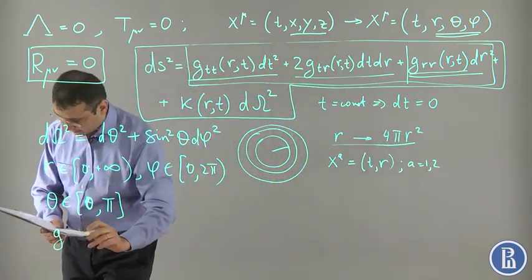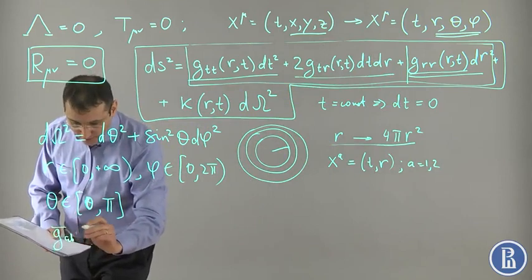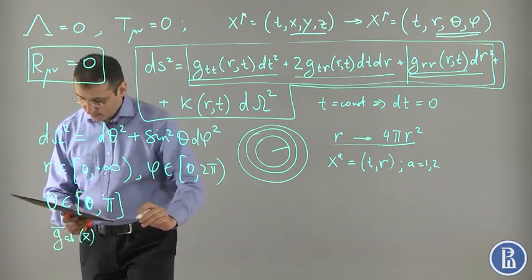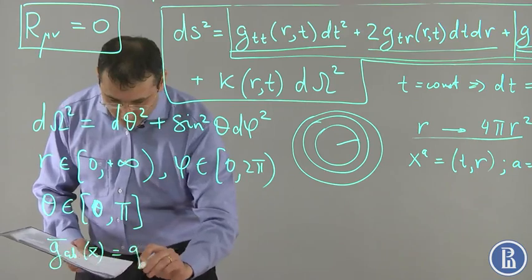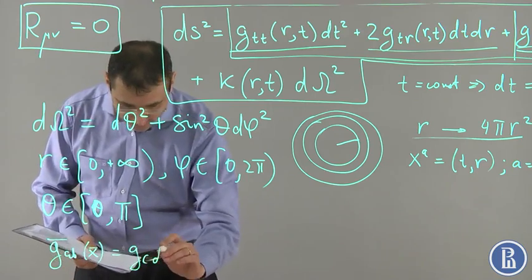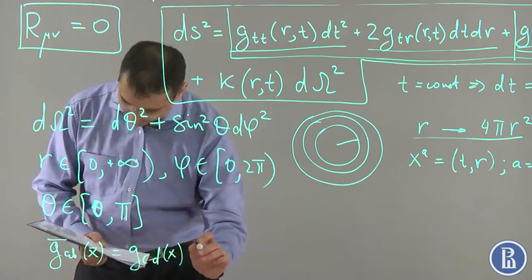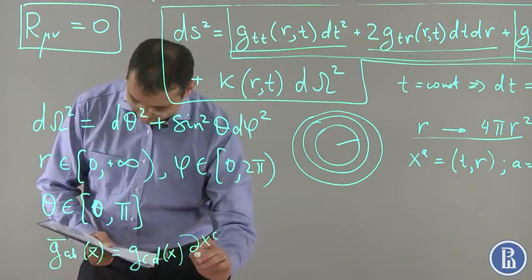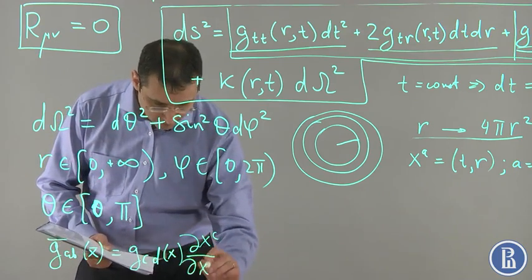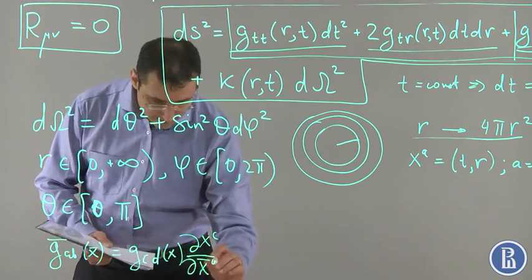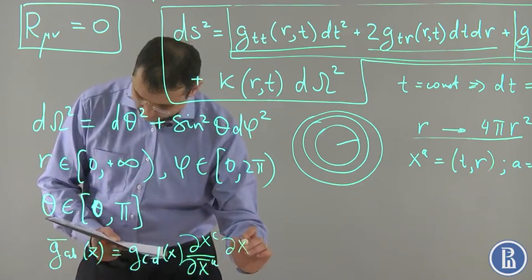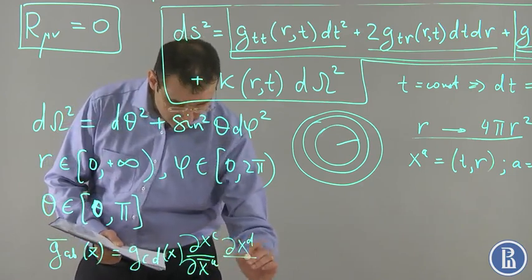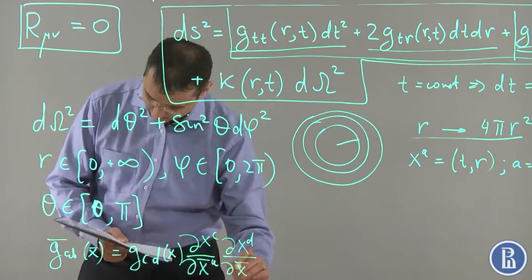So if one chooses g bar_ab as a function of x bar, it is g_cd as a function of x, dx^c/dx bar^a dx^d/dx bar^b.